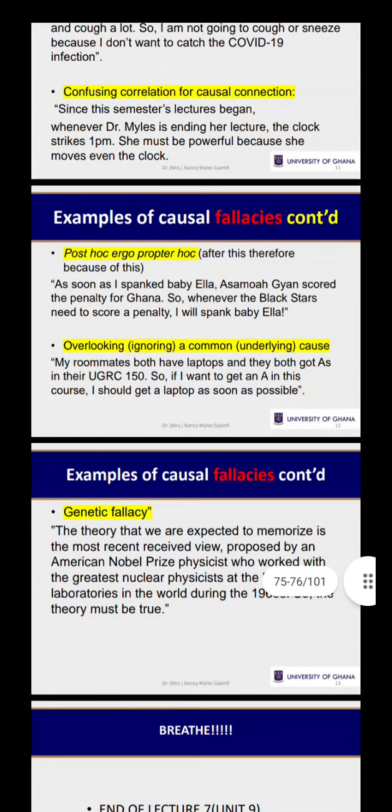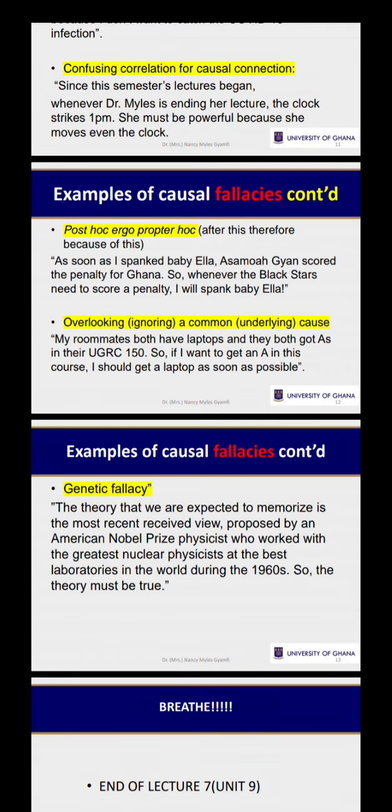Let me give you an example. As soon as I spanked my baby, Asamoah Gyan scored a penalty for Ghana. So whenever the Black Stars need to score a penalty, I'll spank my baby. Yes, you punish your baby, and the moment you punish your baby, Ghana scored. That does not mean that the goal happened as a result of the punishment you gave to your child.